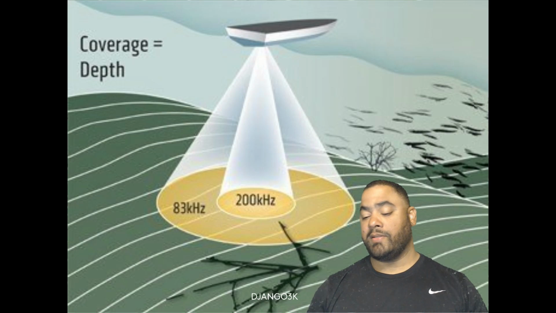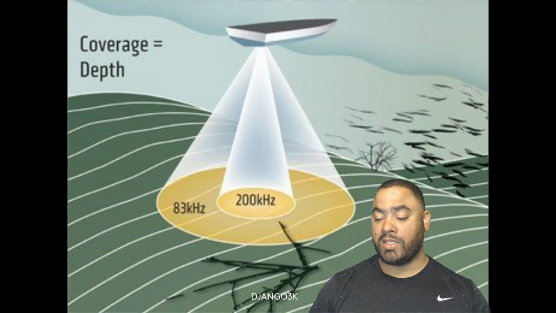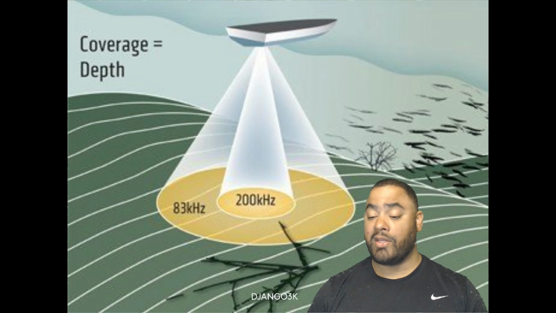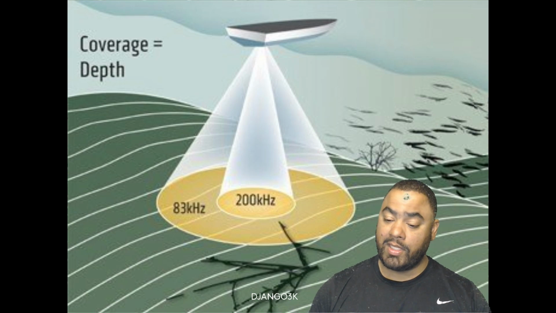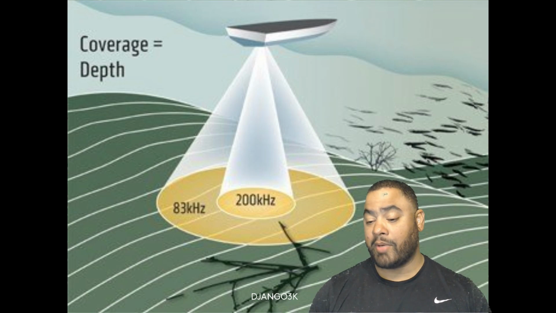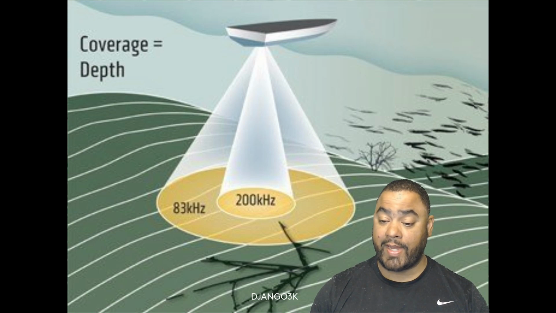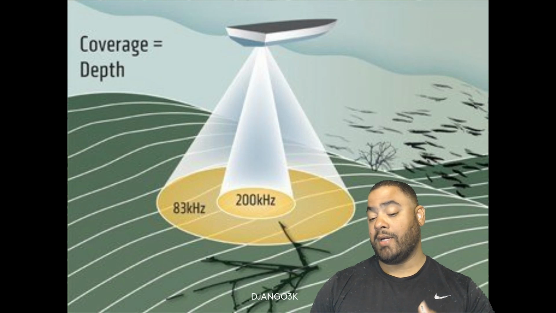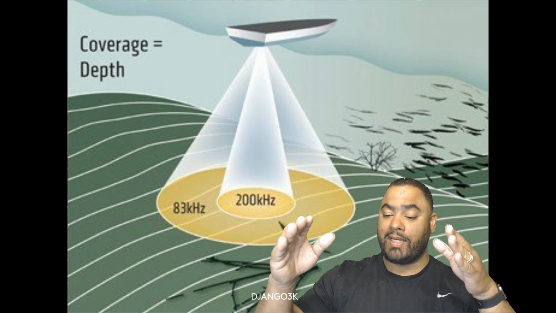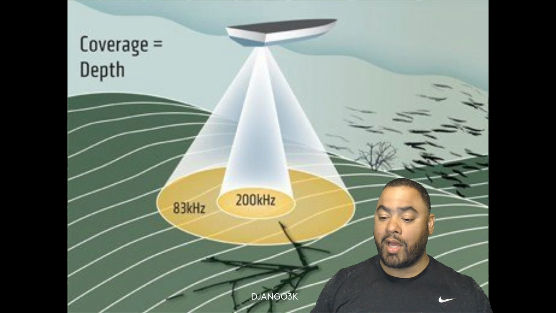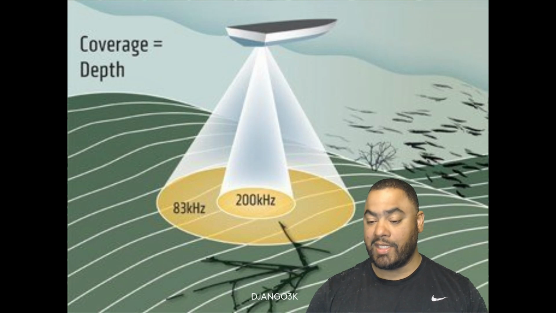So when you're using 2D sonar, one of the choices you have to make is what frequency to use in scanning your lake. If you're in very deep water, you need a slower signal, primarily something like the 83 kilohertz. On some fish finders 200 is going to be the slow one, but for the sake of the discussion, you'd use something like the 83 kilohertz. What that does is give you a broader picture of what you're scanning in that deep water.